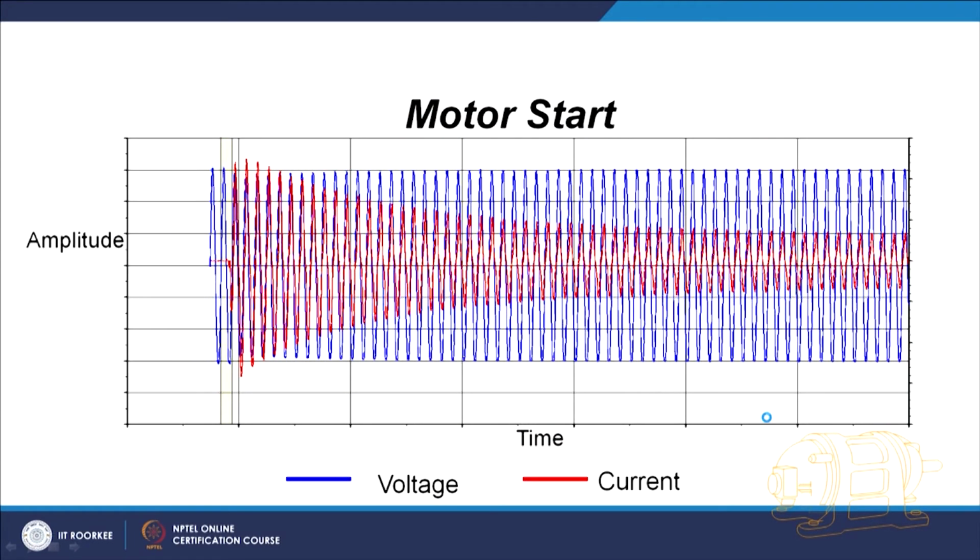And this is one example of the starting of a motor, where the blue one is the voltage and the red one is the current. You can see that when it starts, at this point it has a transient reactance, and for this a high current flows, and gradually it settles down. This is a small start. So you will have this transient here.